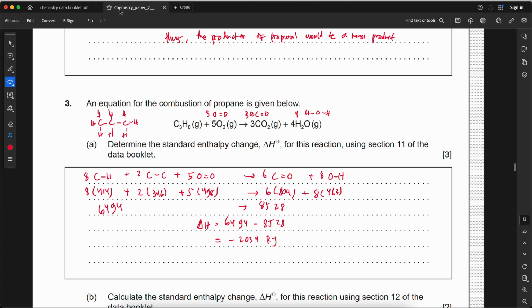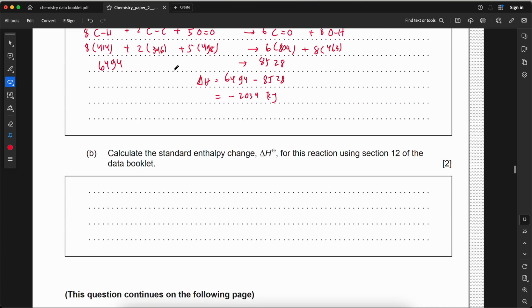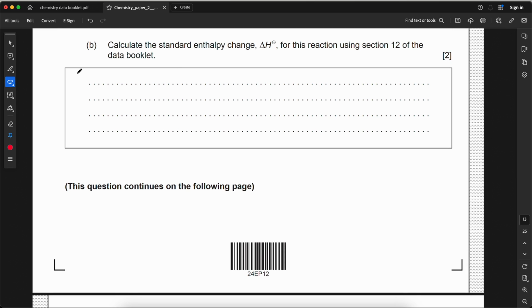Okay, so delta Hf for water but steam, it's negative 241.8, and for propane it's negative 105, and for CO2 gas negative 393.5. So delta H is delta Hf product minus delta Hf reactant.